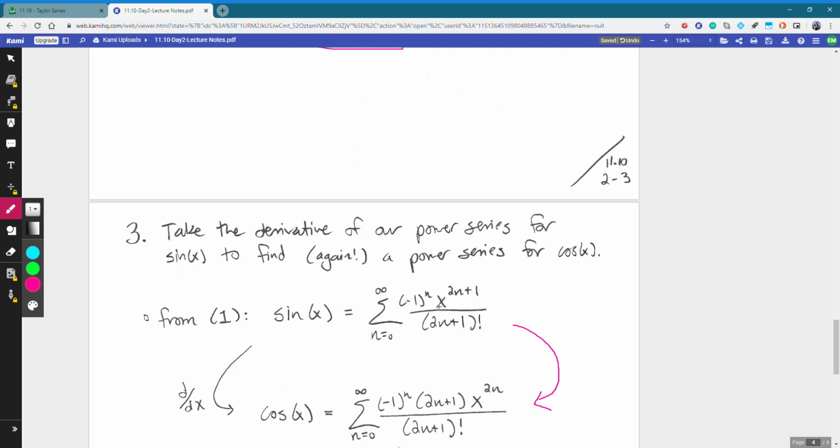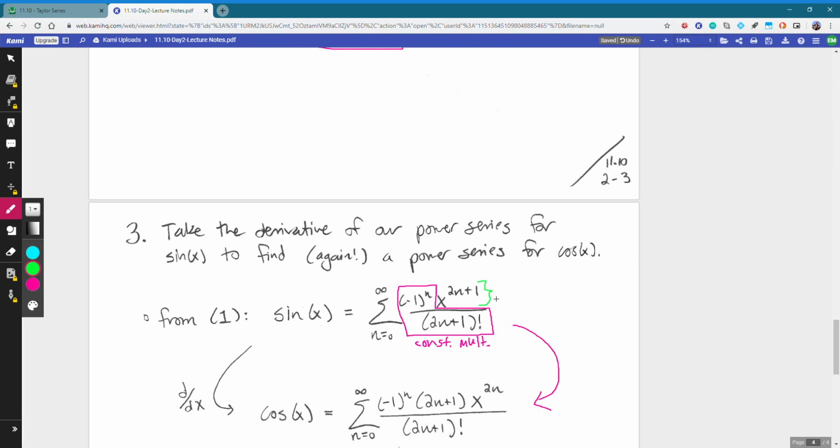We just have to remember that for each index n, this minus 1 to the n over 2n plus 1 factorial is just some big ugly constant multiple, and so we can just ignore it in terms of taking the derivative. It's just going to hang out. We really just need to take the derivative of the x to the 2n plus 1 factor up there.